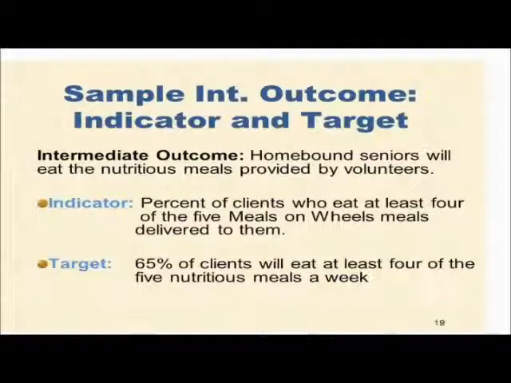If you have an intermediate outcome, homebound seniors will eat the nutritious meals provided by volunteers. The percentage of clients who eat at least 4 of the 5 meals on the Meals on Wheels program delivered to them: how many meals they eat is the indicator.